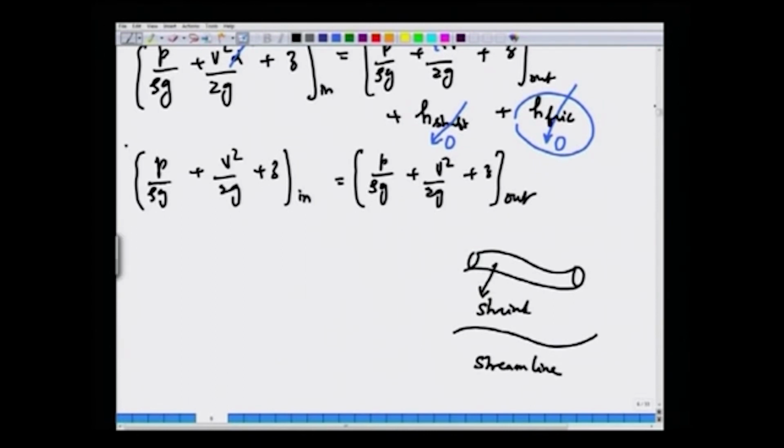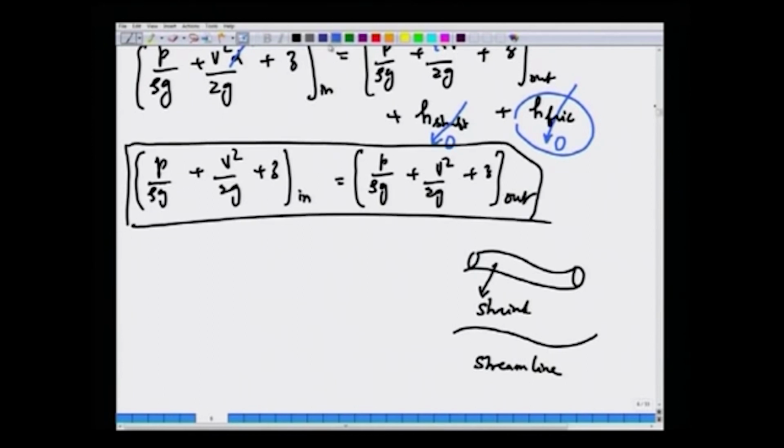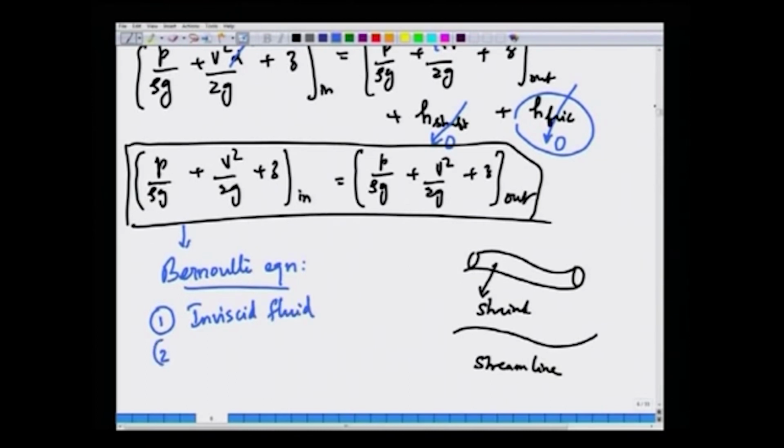So, this equation, which is called the Bernoulli equation, the classical Bernoulli equation, is applicable to an inviscid fluid, okay, 0 viscosity, to a streamline.